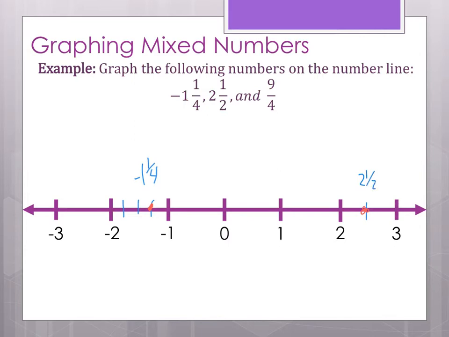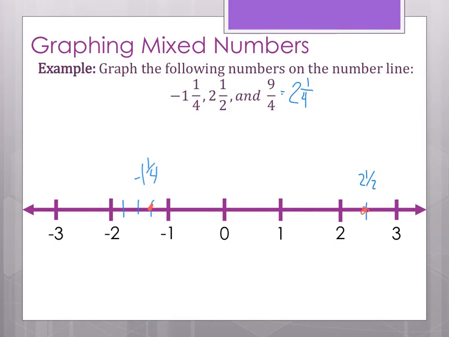Lastly, we have 9/4. Now we could break all of our positive wholes into fourths until we get 9, but I think it'll be a little quicker if we just convert 9/4 into a mixed number first. 9 divided by 4 is 2. 2 times 4 is 8, so there's one more fourth left over to get 9/4.